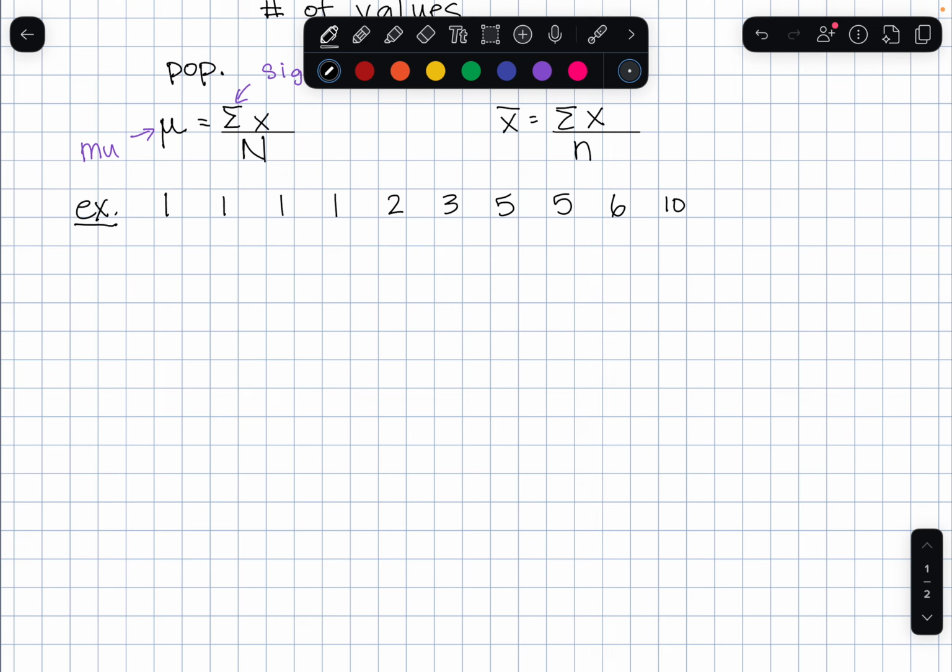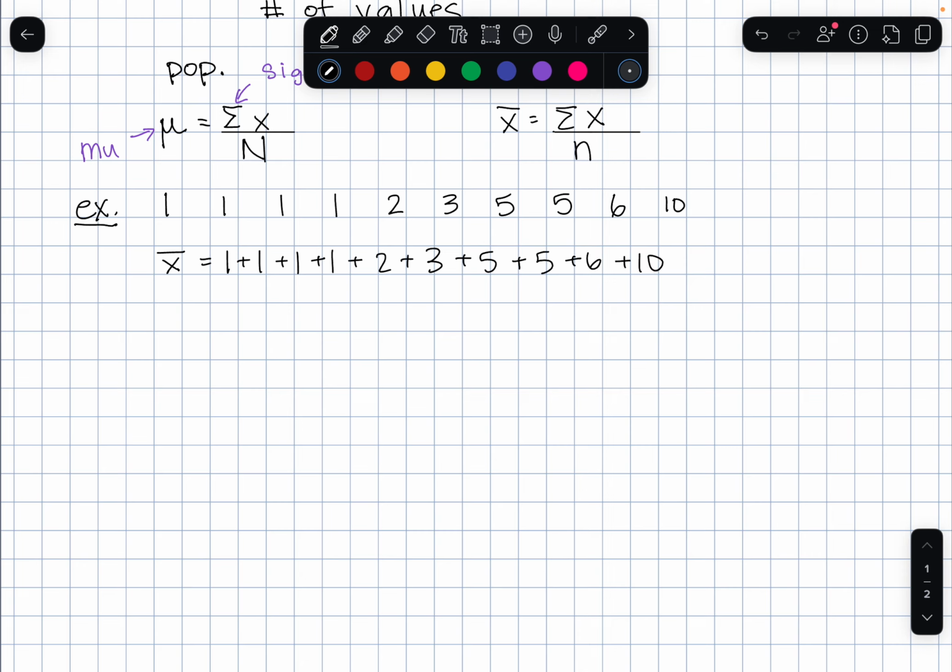And I want to calculate my mean. I'm going to assume, unless I'm told otherwise, that I'm looking at sample data. We know that is easier to collect, and that's what statistics is all about. I find the x bar by adding up all my values, 1 plus 1 plus 1 plus 1, plus 2, plus 3, plus 5, plus 5, plus 6, plus 10.